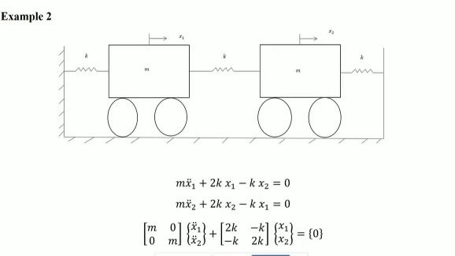Since we are considering the modal vibration, that means we have to substitute x1 equal to u1 f(t), and x2 is also equal to u2 f(t).